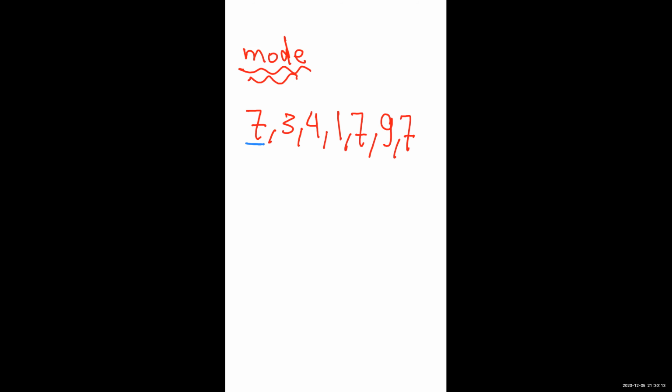Here 7 is repeated 3 times. Maybe if there is one more element like 9, for example, 7 is repeated 3 times but 9 only 2. So the mode here equals, of course, 7. Are we clear about this?